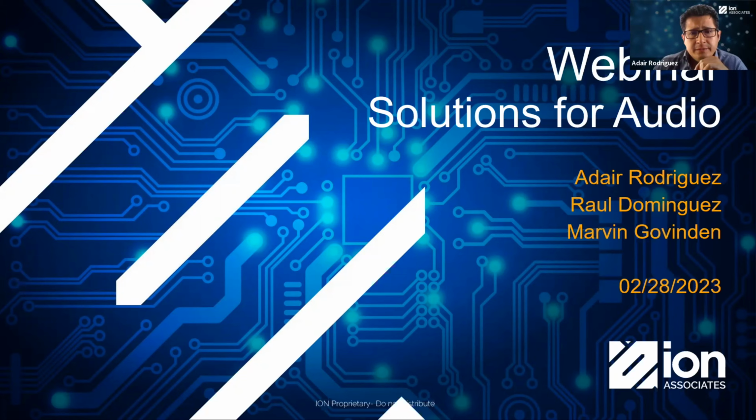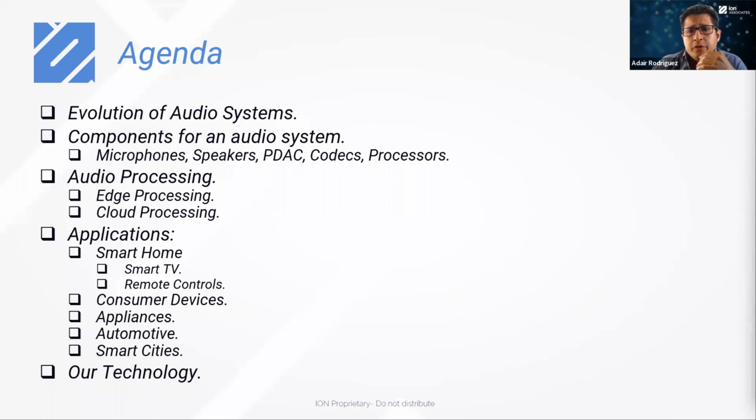For today's agenda, we are going to talk about a little bit of the evolution of audio components. Then we'll give a brief example of the components contained in an audio solution or system. And of course, on today's requirements, audio components need to be more advanced, not just a converter between audio and electrical signals, but able to do more than that.